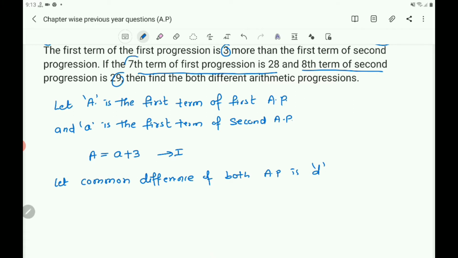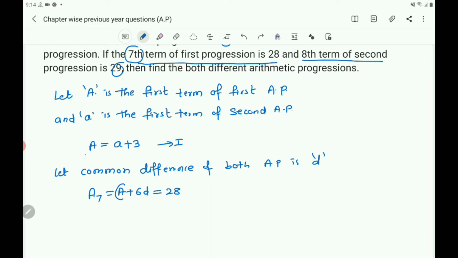Now here it is also given that the seventh term of the first progression is 28. For the first AP we have taken capital A, so A7 means A plus 6d, equal to 28. A7 equals A plus 6d equals 28 because we have taken the first term as A.